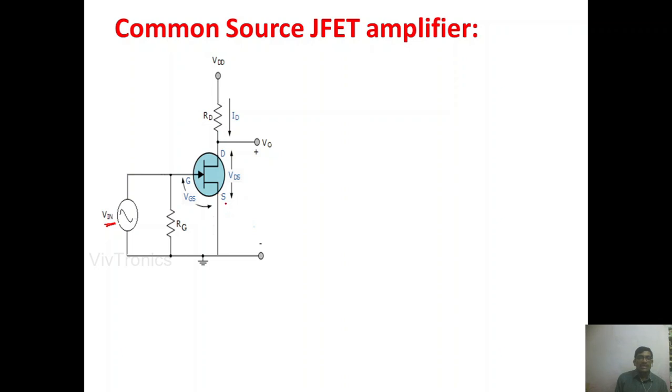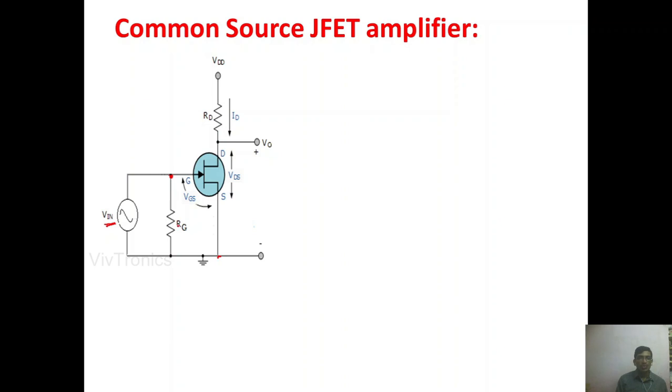The source terminal of this amplifier has been grounded directly, so it is a common source amplifier. This source terminal is common for both the input side circuit and the output side circuit. The gate is the input terminal and the drain is the output terminal.